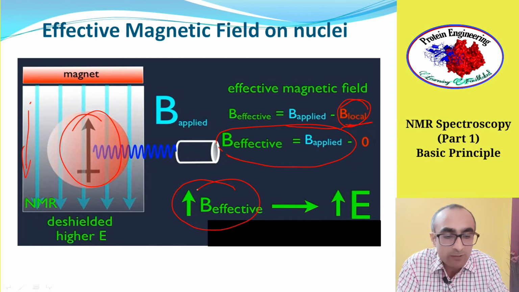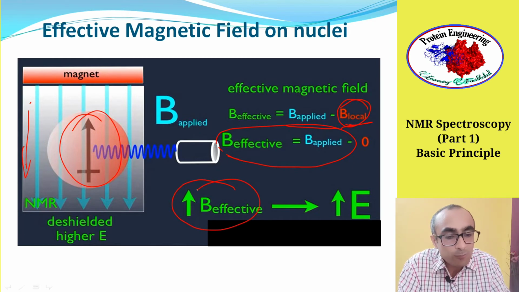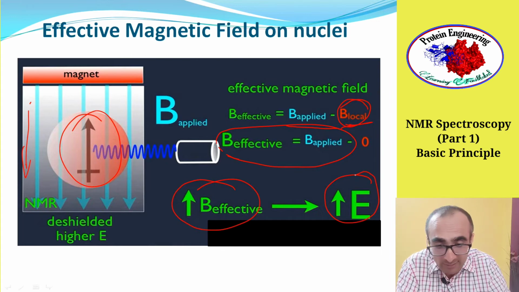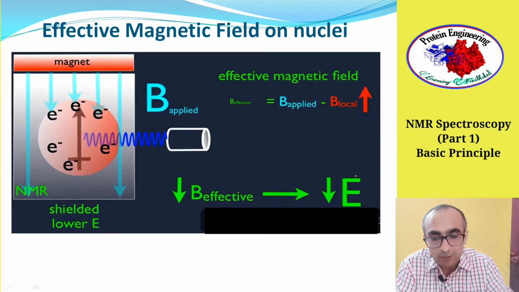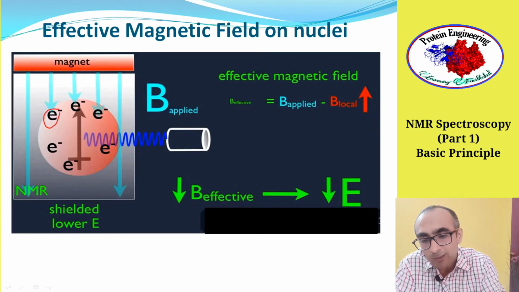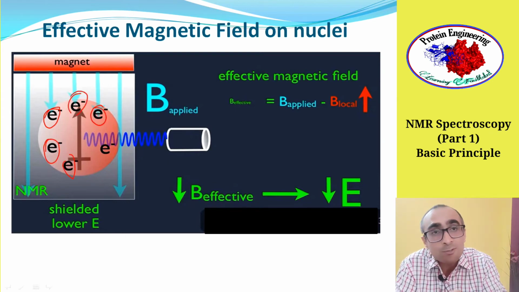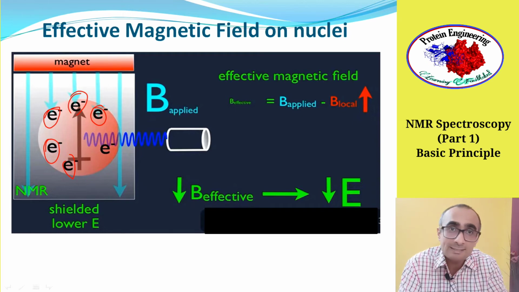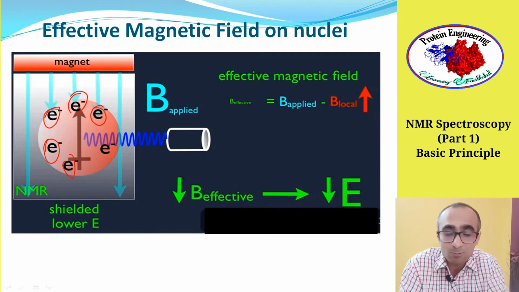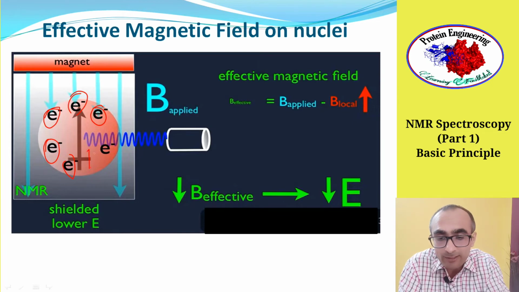High B effective means the proton will absorb high energy in order to attain resonance. In contrast, if you have an electronic cloud in the vicinity of the proton, those electrons also create a magnetic field which resists the magnetic field applied from outside. So the magnetic field reaching the nucleus, this proton, is less.